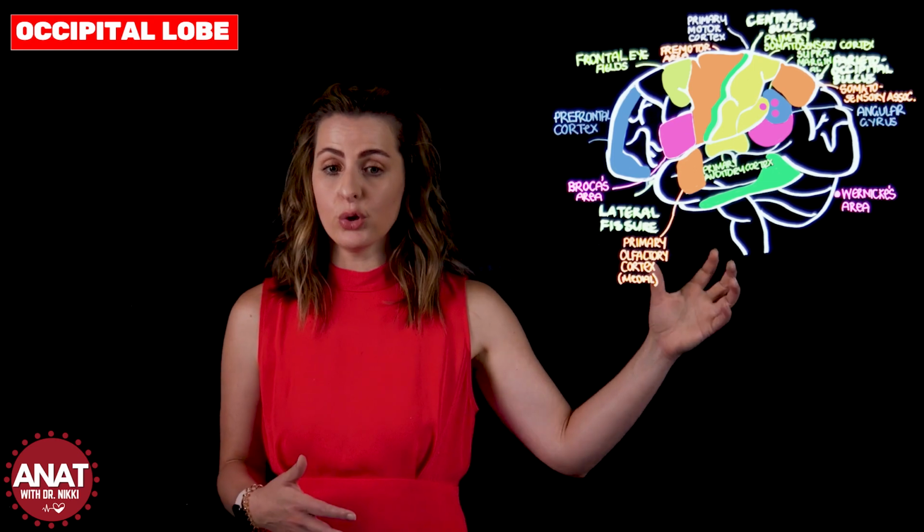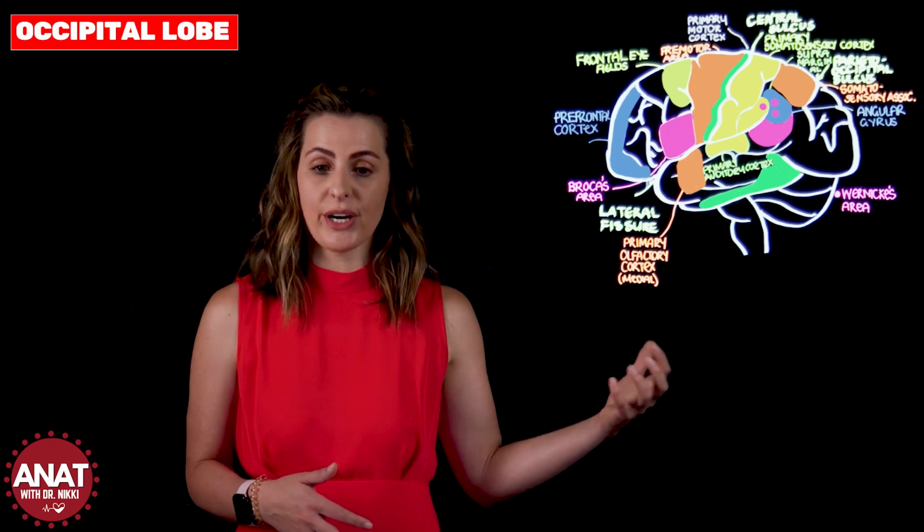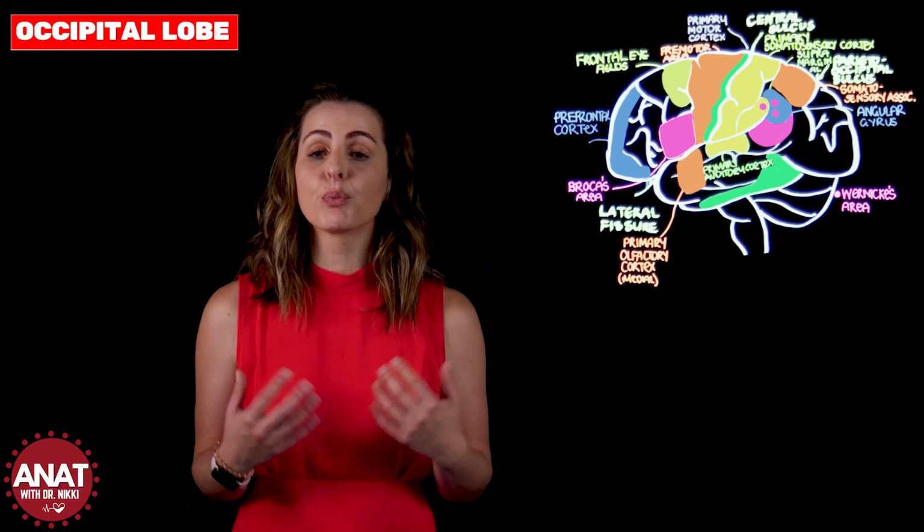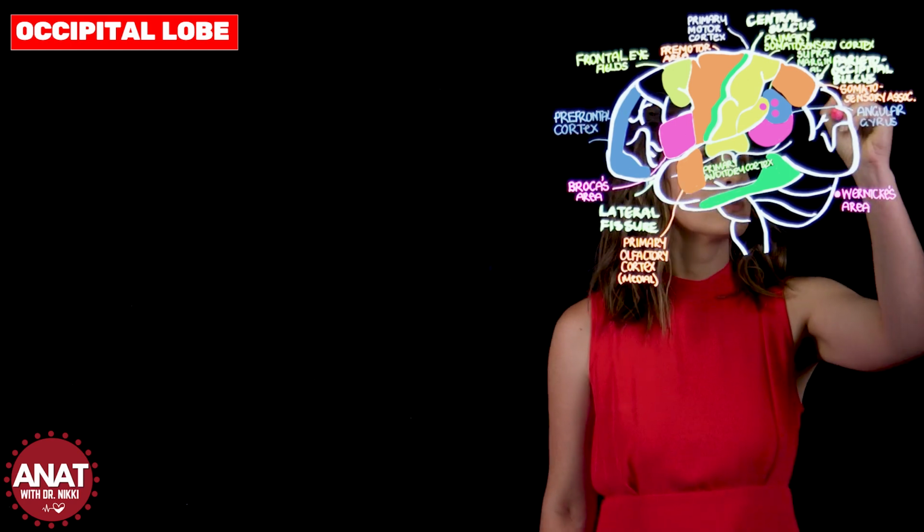Finally, let's wrap up with the occipital lobe, which is our visual processing area. Located at the occipital pole, so right at the back of the brain parenchyma, we find the primary visual cortex. This is the first area of the brain to receive incoming sensory stimuli from the photoreceptors of the retina of the eye.